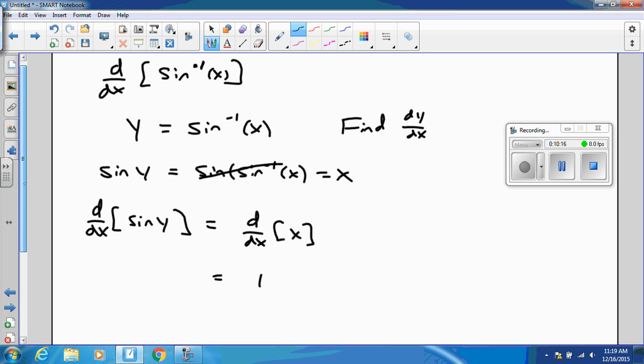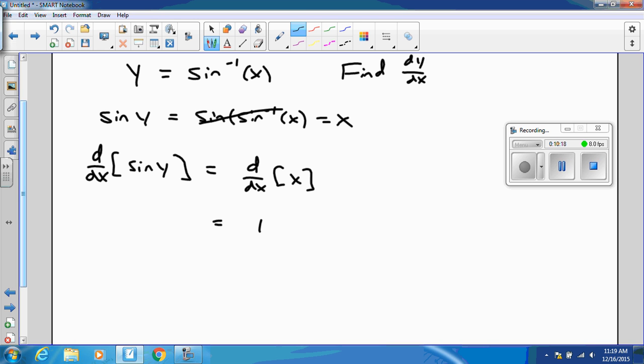And on the right-hand side, I get 1. On the left-hand side, I get the derivative of sine y with respect to x, which should be what? Cos y times y prime. Yes, cosine y times dy dx.